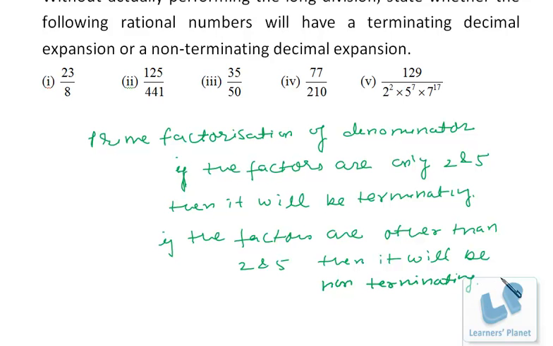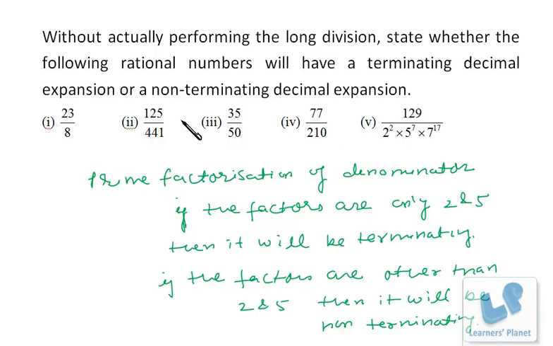Right? That means in the denominator, what is the first step? We have to go for the prime factorization of the denominators. If they contain only 2 and 5, or only 2 is there, or only 5 is there, or any combination of 2 and 5 is there, then it will be a terminating decimal. And if they are having any other factors, maybe 2 and 5 is also there, but apart from 2 and 5, if they have any other prime factors, then that will be non-terminating, right?